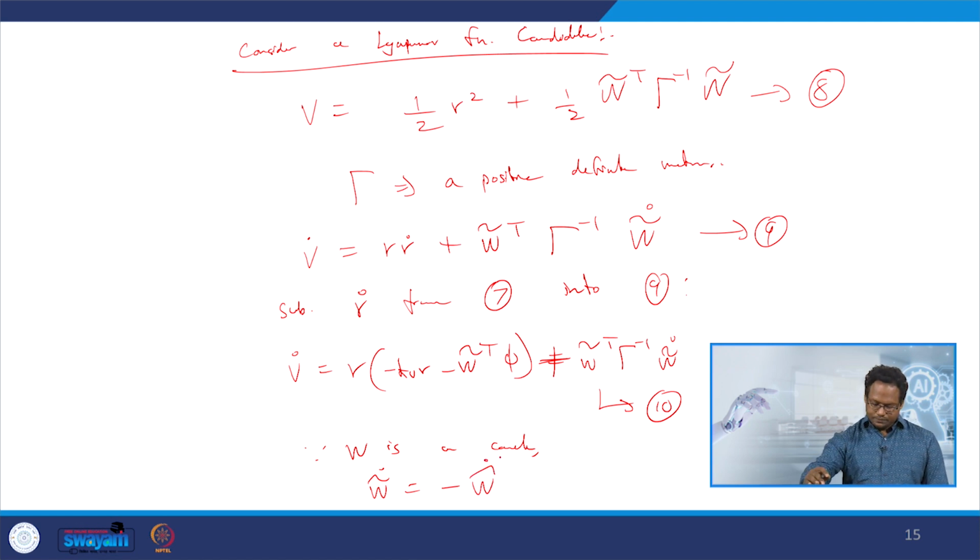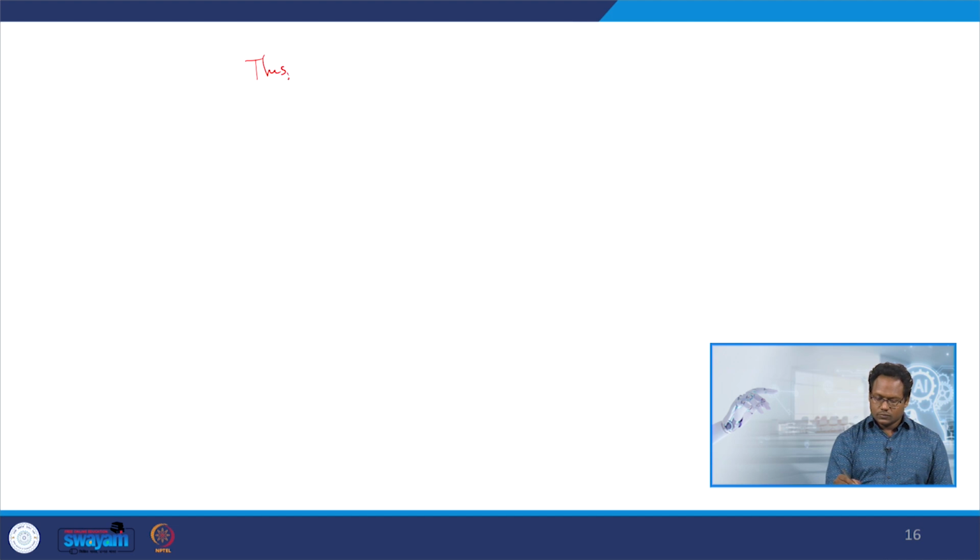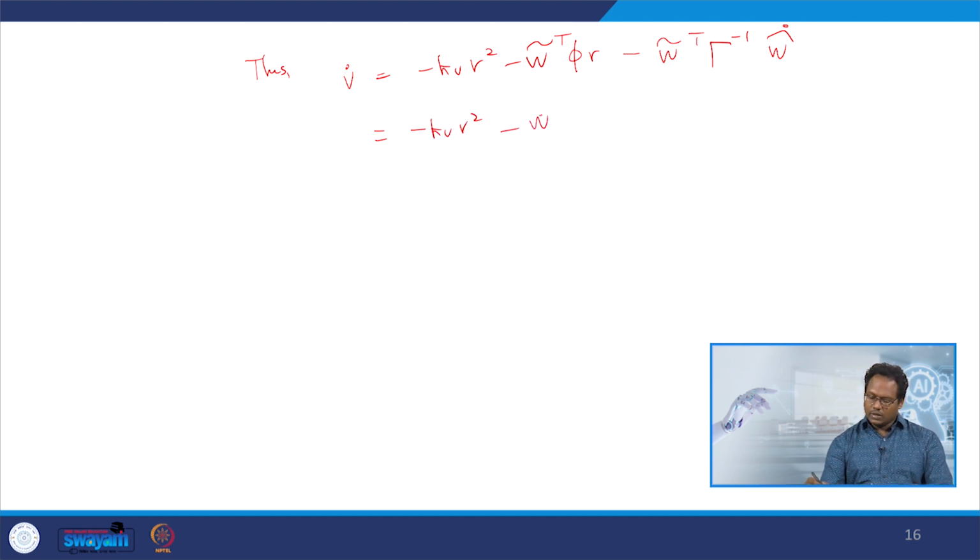Okay. Now, V dot becomes minus kv into r square minus w tilde transpose phi r minus w tilde transpose gamma inverse w hat dot. Thus, V dot can be further written as minus kv r square minus w tilde transpose, taken out, phi r plus gamma inverse w hat dot, that is equation 11.